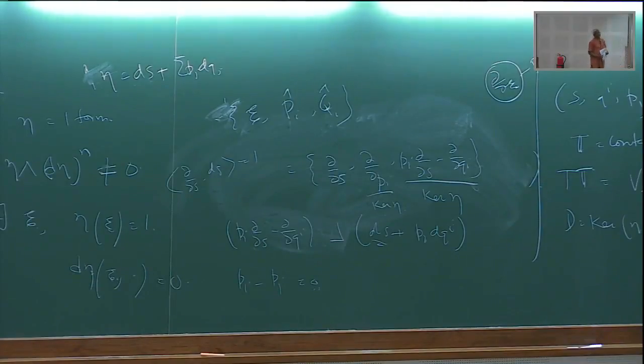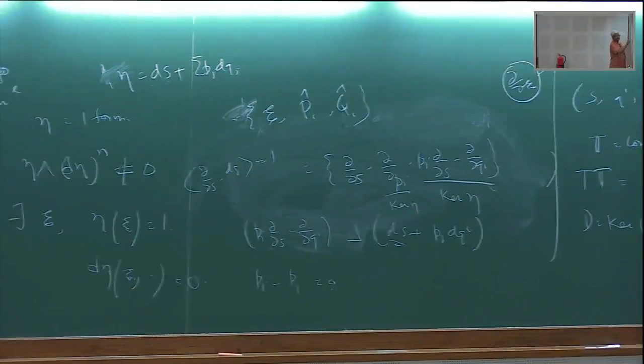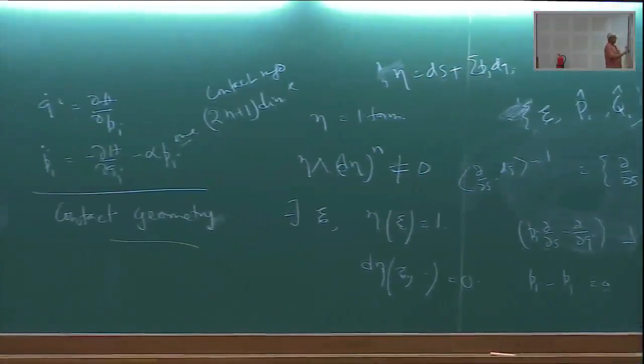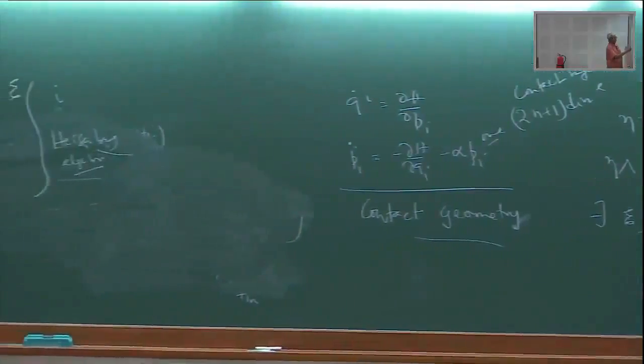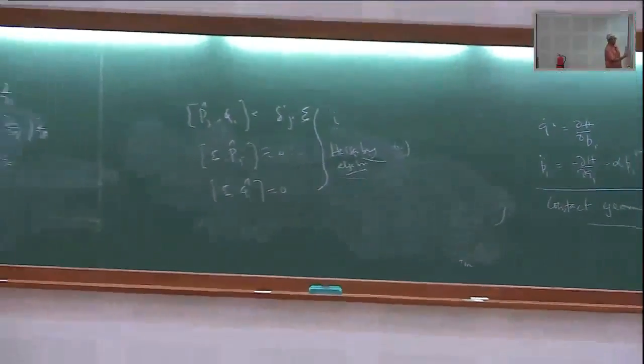Why are they equations of motion? Because, as you say, what is S dot? S dot is just XH applied to S, so H minus Pi del H del Pi.